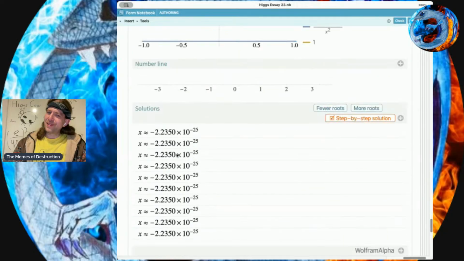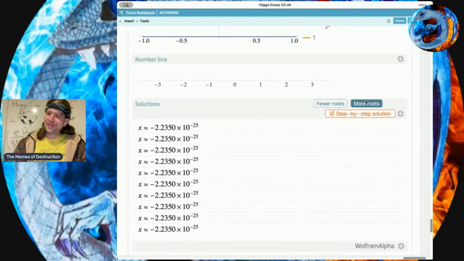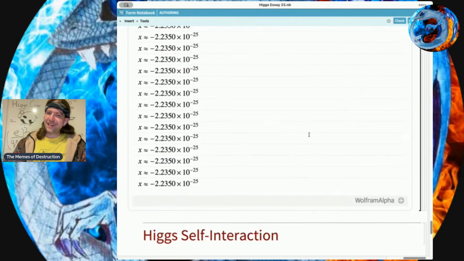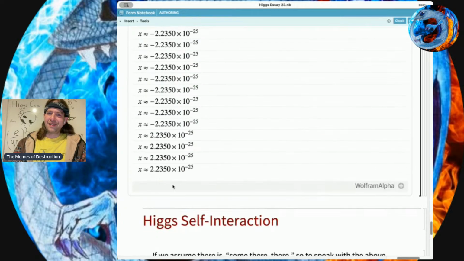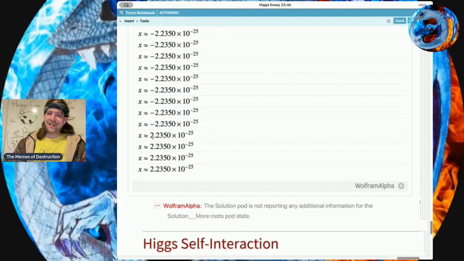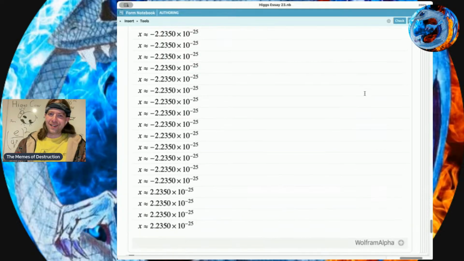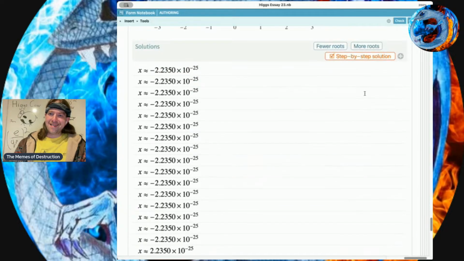It's very strange. How many roots is it giving? Wow, I think it might be having a slight brain fart.